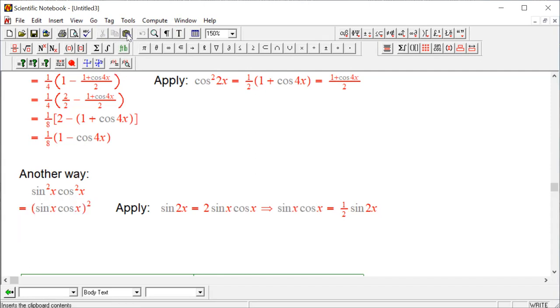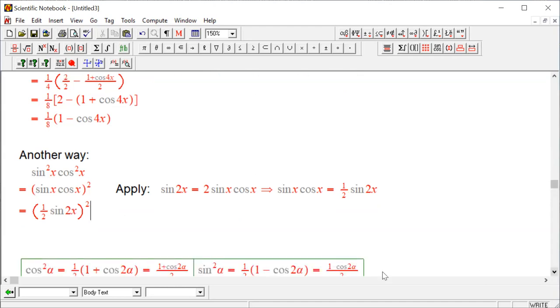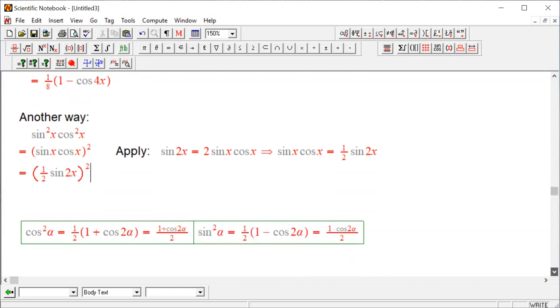So we're going to replace sine x times cosine x, which is inside of it, by the reduced power, because this has a power 2. And now when we replace it by half of sine 2x, that's power 1. So we replace it by the lower power. Watch the algebraic manipulation.